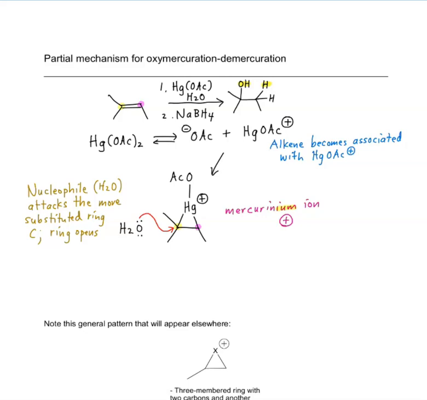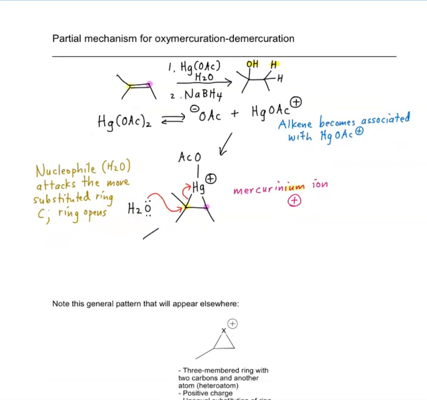If we stopped drawing right now, that would mean that the carbon that I've highlighted as yellow, the more substituted ring carbon, would have too many bonds to it. So something has to move away. A pair of electrons has to move away from that carbon so that it doesn't exceed the octet rule. And the pair that moves away is the pair that links that carbon to the mercury. So what does the result of those arrows look like?